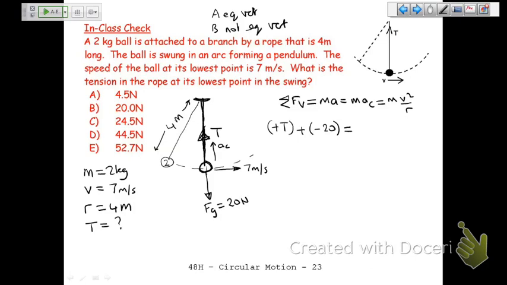And that equals my mass, which is 2, times v squared, which I have, which is 7 squared over r, which is 4. So T is equal to 49 over 2, which is 24.5, plus 20. So T is equal to 44.5 newtons.